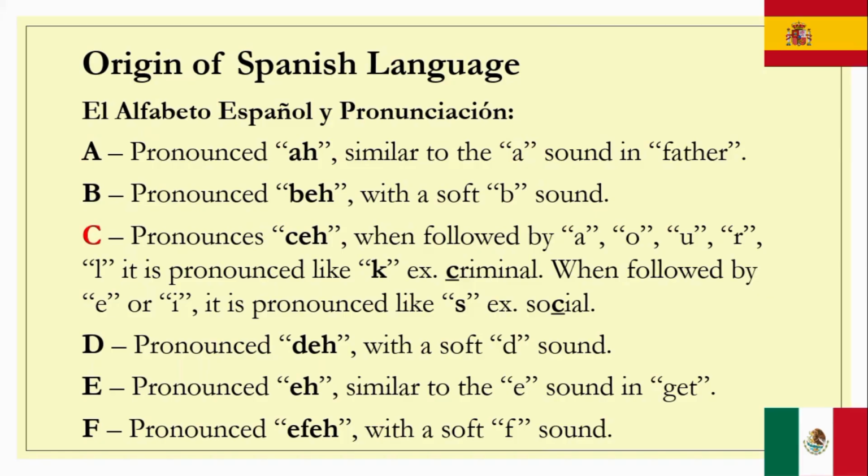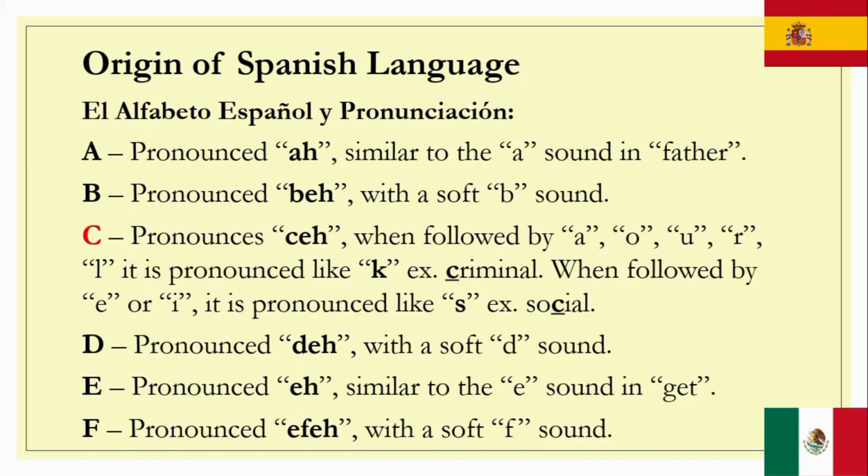So A, pronounced as A, similar to the A sound in father. B, pronounced as B with a soft B sound. C, pronounced as Se. When followed by A, O, U, R, and I, it is pronounced like K. Example, criminal.